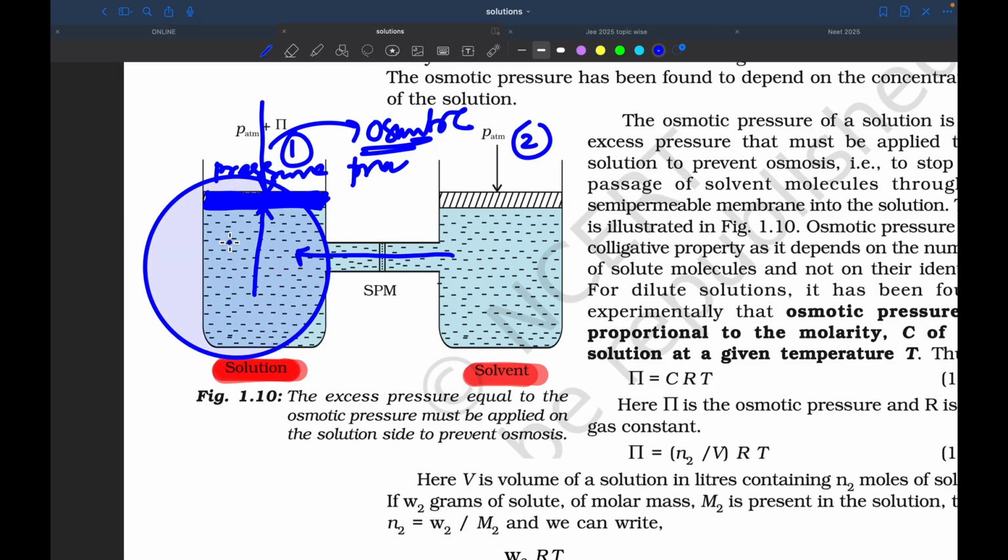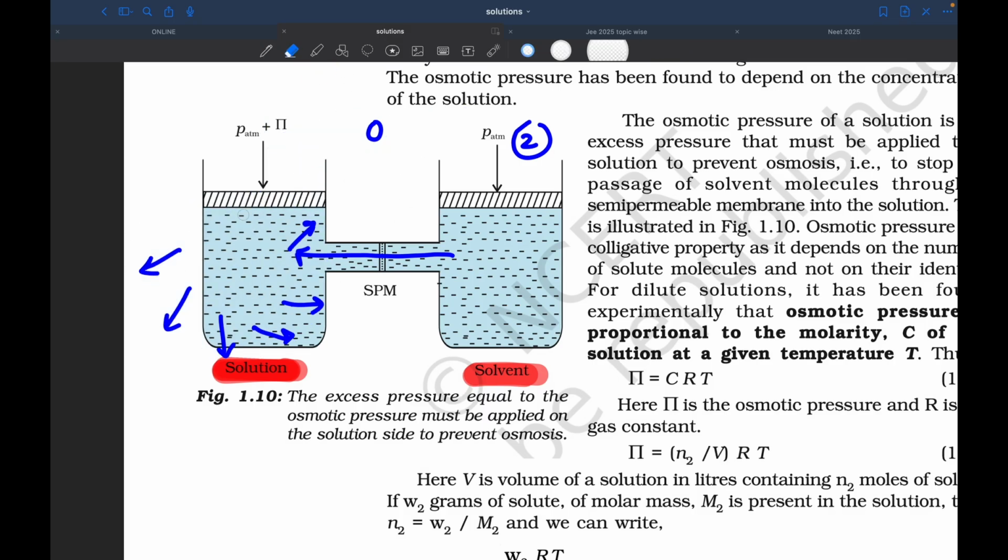The balloon tries to swell. So the pressure created inside the walls of the balloon is equivalent to this osmotic pressure. This is equivalent to osmotic pressure. Since measuring osmotic pressure in a balloon is not possible, what he did here is to keep a piston.